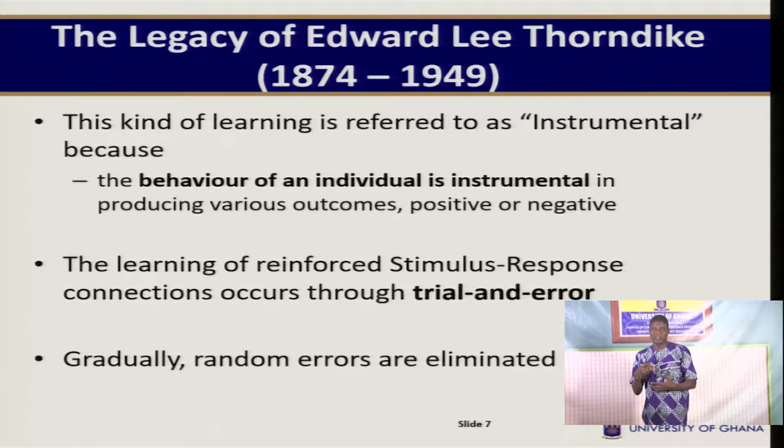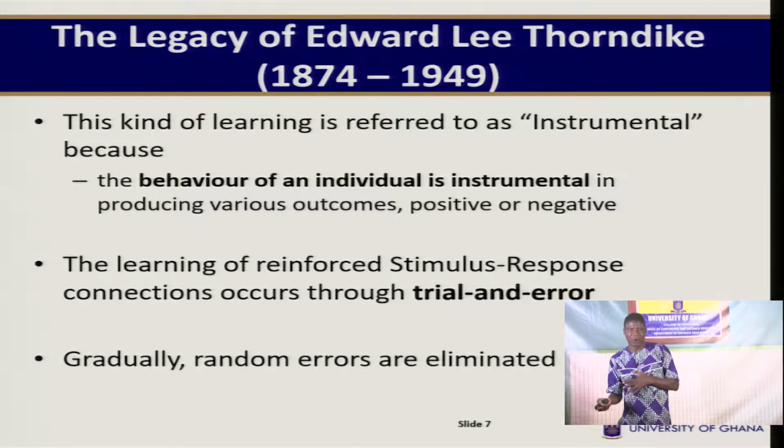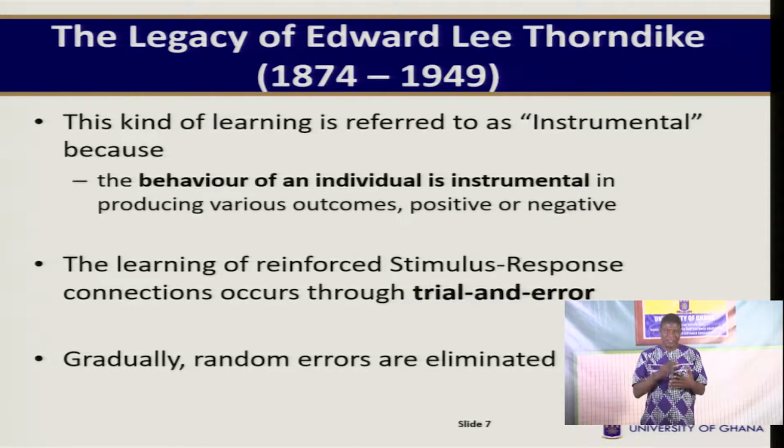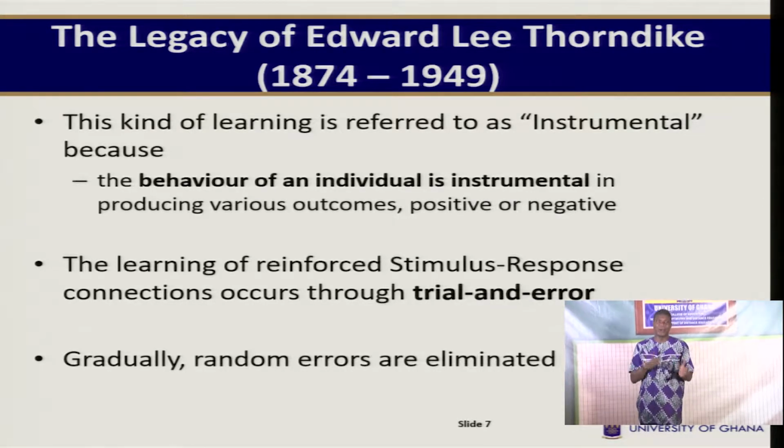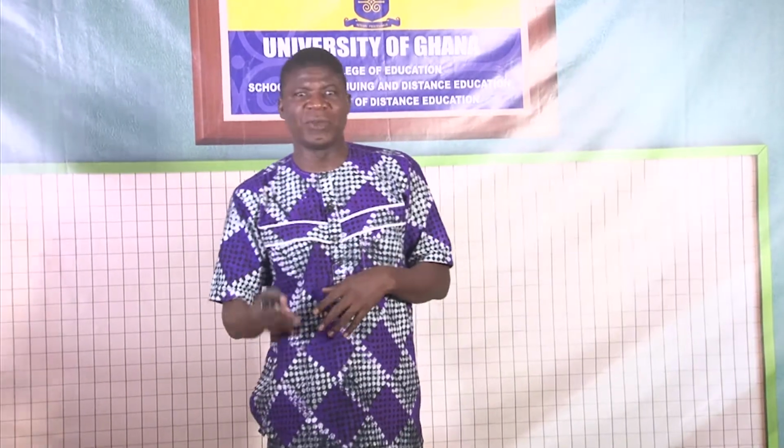The learning of reinforced stimulus-response connection occurs through trial and error. So through trial and error, an individual or an organism exhibits behavior and is rewarded or punished based on the kind of behavior. This outcome gradually gets the individual or the organism to learn. So gradually the random errors are eliminated and learning takes place.